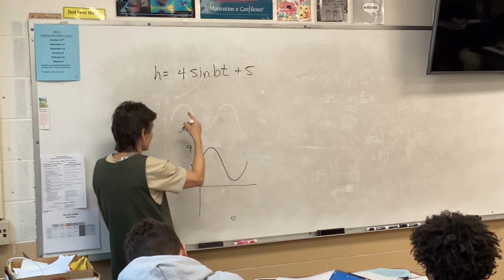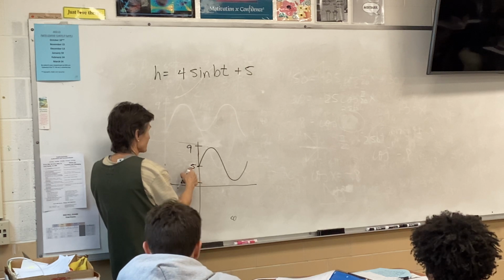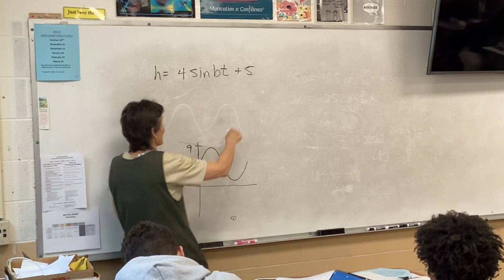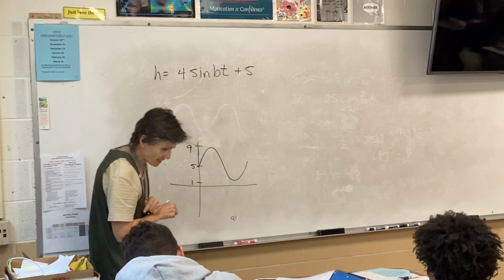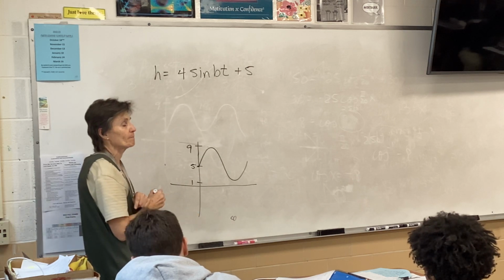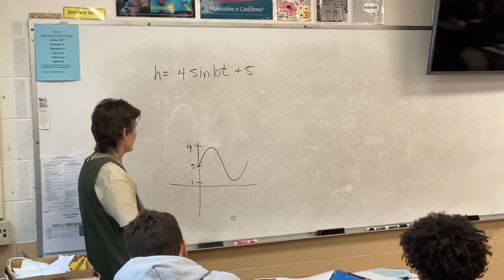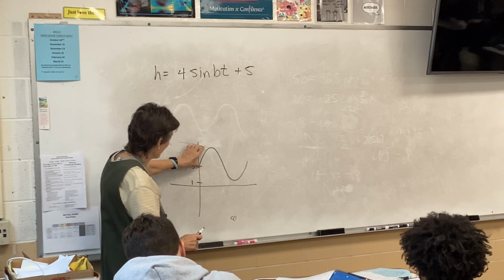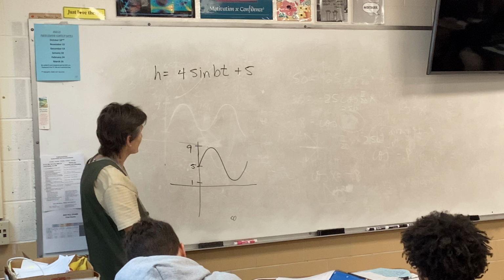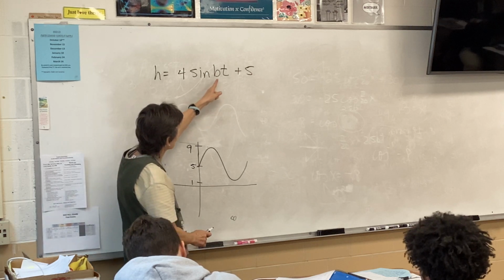The amplitude is 4, but this middle number isn't 4. This middle number is 5, which they already gave me. Did they give me that, or did I type that in? Nope, they gave that to me. I could figure that out though, couldn't I? Yeah. All right, so the amplitude is 4. The height of the waves, depth of the valley is 4. The only thing I don't know is what this B is.